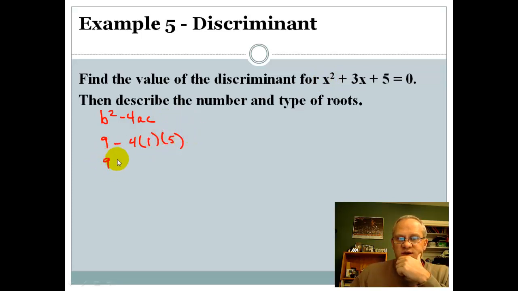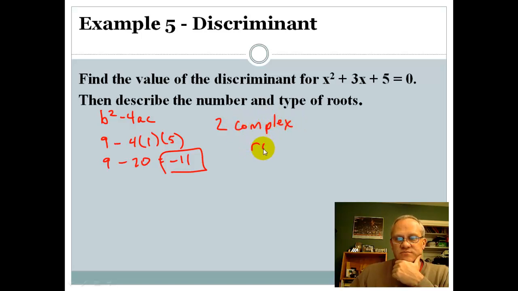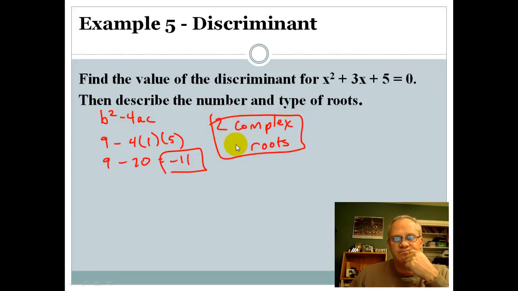So this is going to be 9 minus 20, which equals negative 11. So the discriminant is negative 11. What does that mean about the roots? It's negative, so that means we're going to have 2 complex roots. That means you're going to get 2 roots that have an i in them. So 2 complex because of the negative.